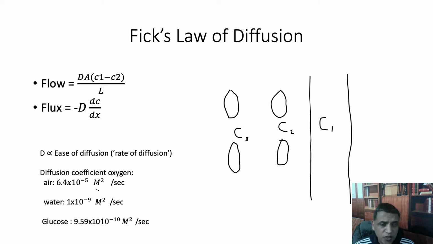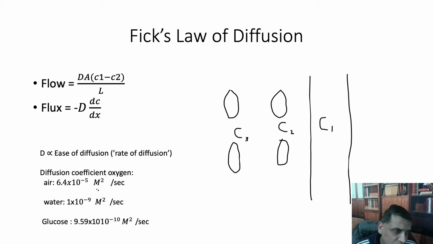So the flow from C1 to C2 is the cross-sectional area over which the flow occurs, multiplied by the difference between C1 and C2 concentration for a nutrient, let's say oxygen, divided by the length over which it occurs, L. So what Fick's law of diffusion tells us is that there will be greater flow of oxygen to the cells in the C2 region than to the cells in the C3 region because they are further away.